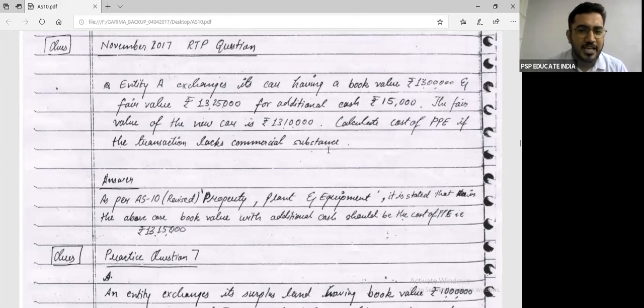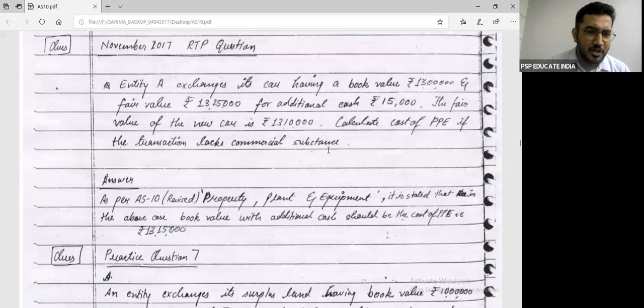Yes. How much extra have you given? 15,000? Okay. Now, when you pay 15,000 extra, will it increase your cost or reduce your cost?